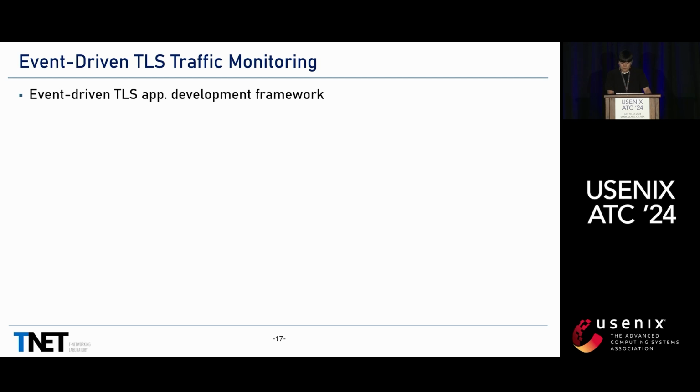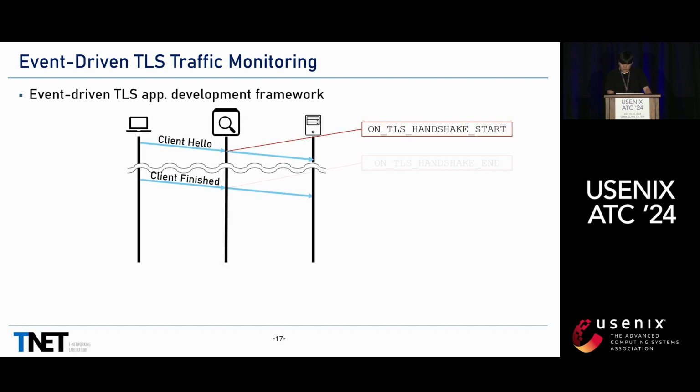For easy development of the TLS middlebox, mmTLS supports event-driven TLS traffic monitoring, which helps the developers focus on the main logic without background knowledge of the TLS or TCP protocol. mmTLS supports many useful events during the TLS session. For simple examples, there are the on-TLS handshake start event and the on-TLS handshake end event.